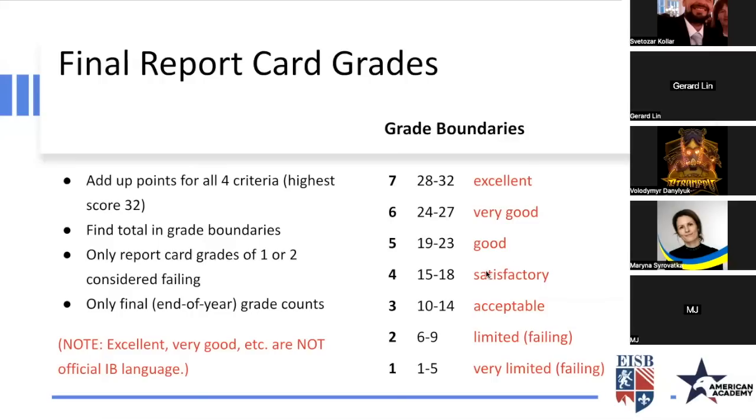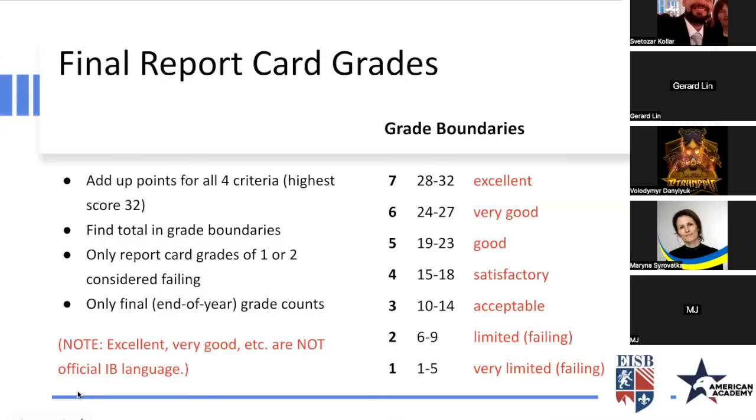It's a good grade. 6s are really good, really hard to get. 7s are really, really excellent. So 2 and 1 are a cause for concern. So this is how the grading structure works in IB, and this is how we grade.